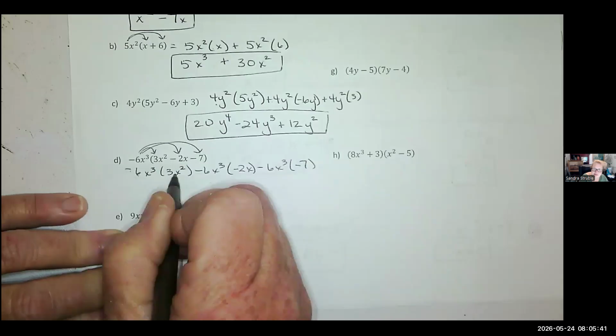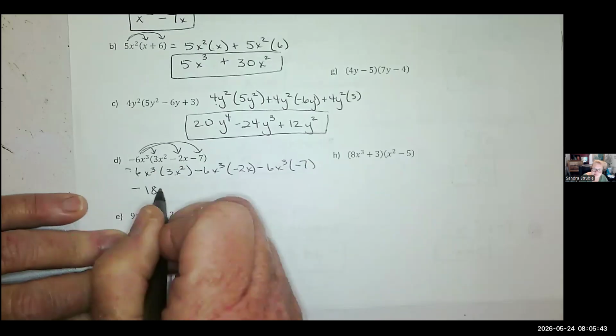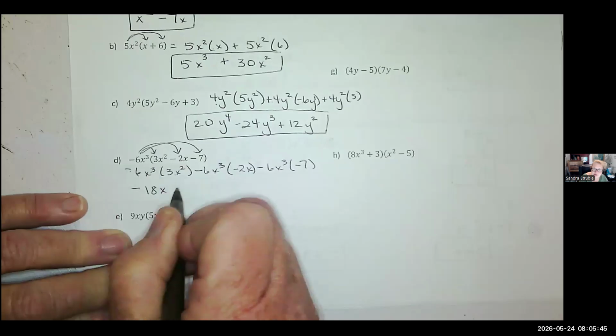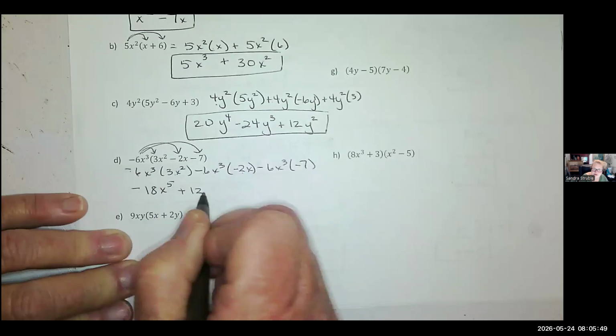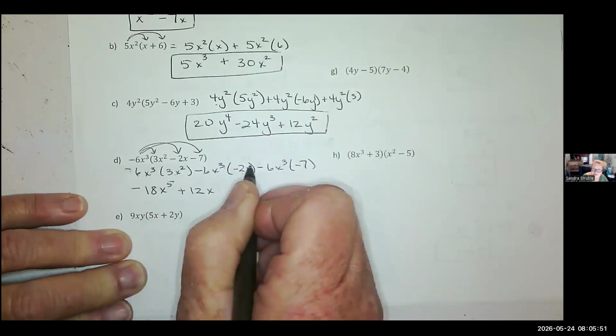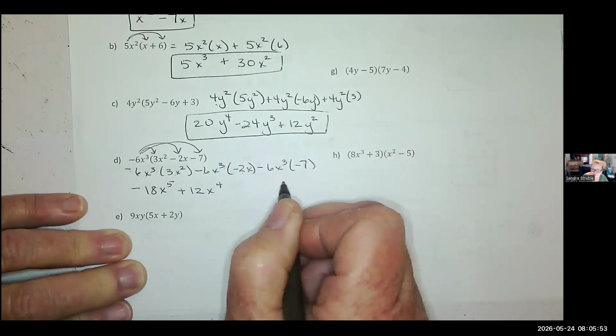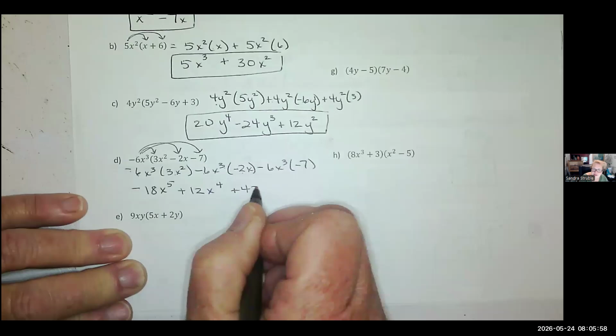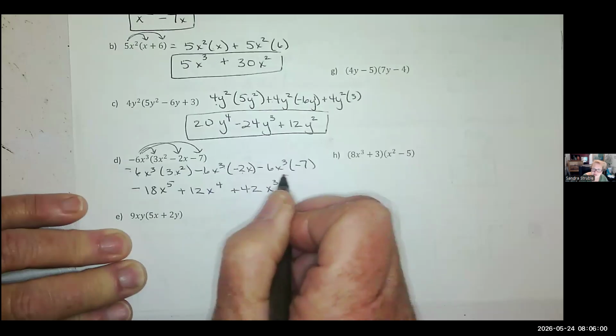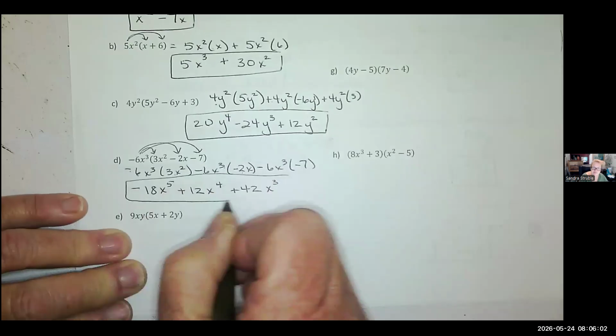X to the 3 plus 2 is 5. Negative 6 times negative 2 is positive 12. X to the 3 plus 1 is 4. Negative 6 times negative 7 is positive 42. And then bring down that x cubed. We can't combine any like terms here. If we could, these would have already been combined.